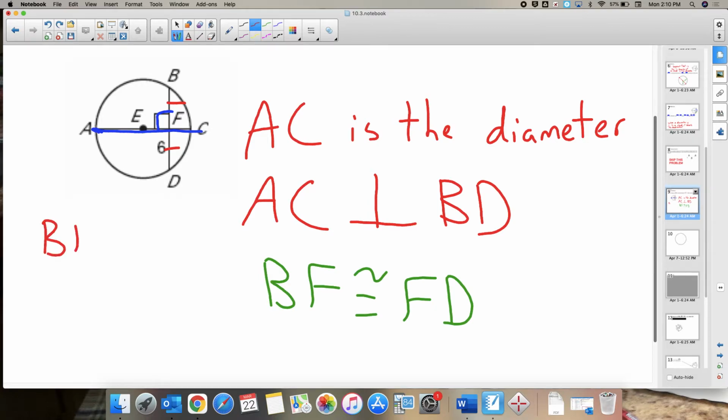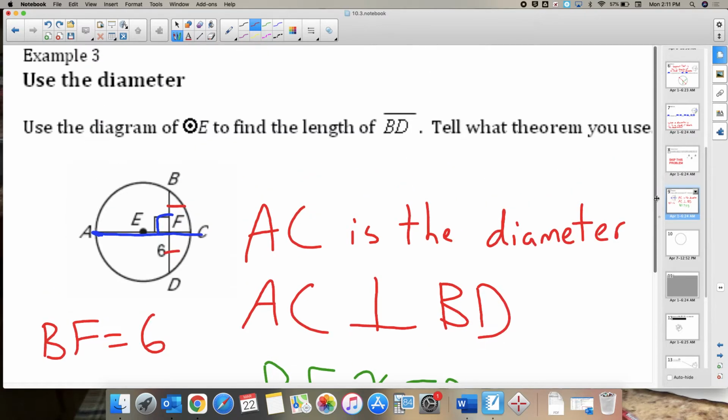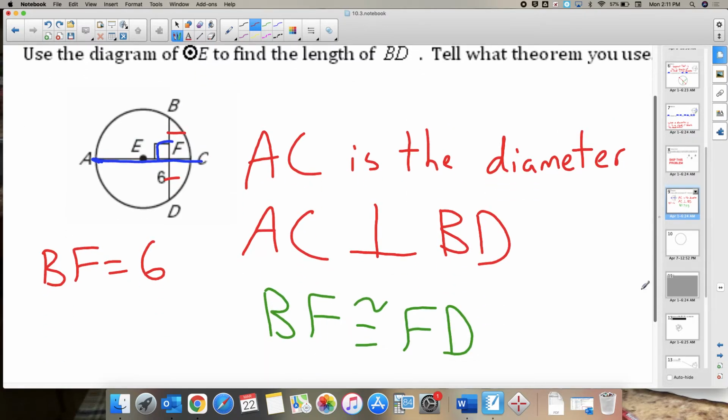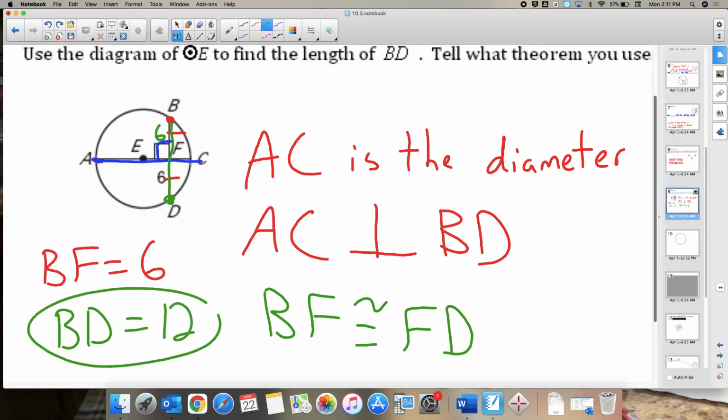So BF will have to equal 6. Which means BD, which is our whole segment here, the top part 6, the bottom part 6, so BD will be 12.